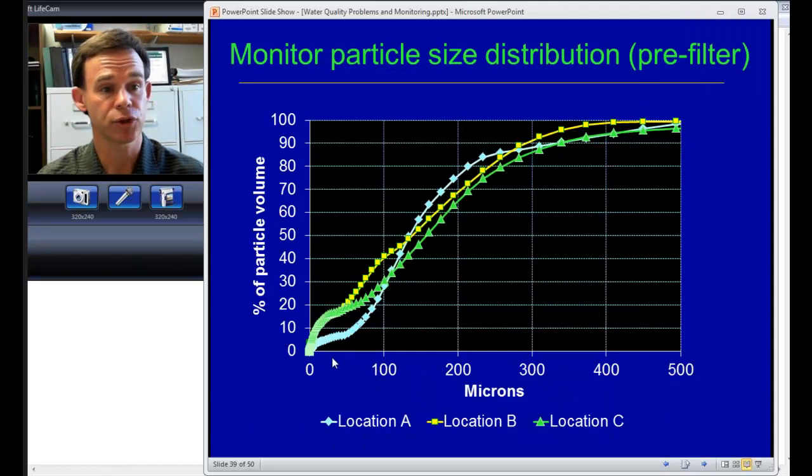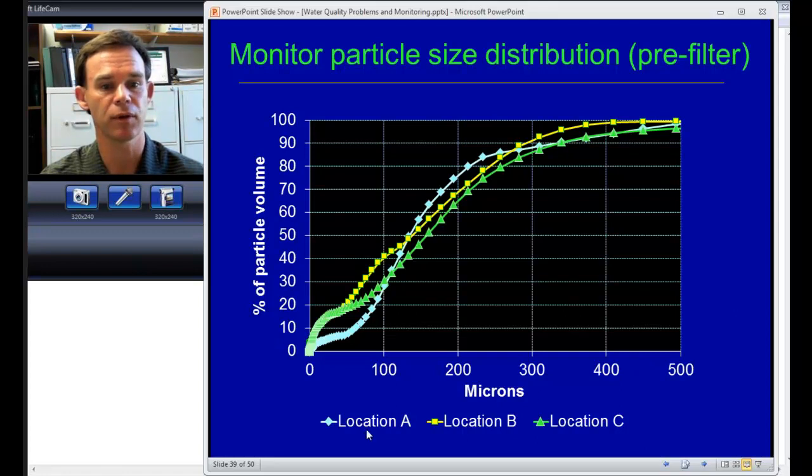Now, we can measure total suspended solids. We can also send a sample off to a lab, and I would talk with your filtration supplier to get a recommendation from them, and they can look at different diameters here in the x-axis, the horizontal axis, and percent of the particle volume in your suspended solids that are at these different sizes.